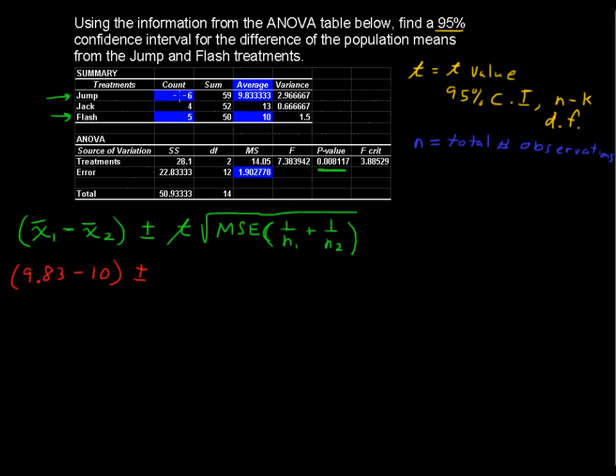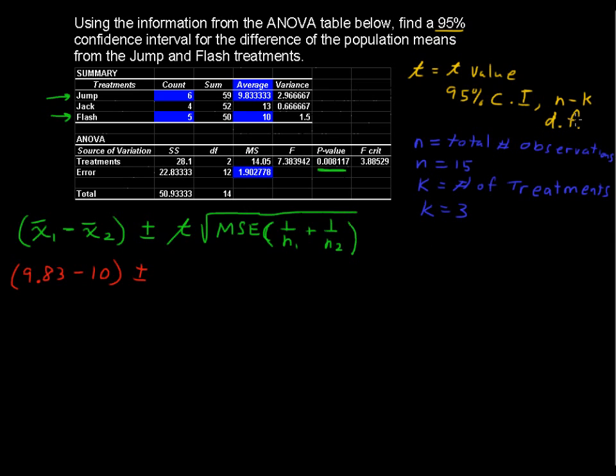I know I have highlighted 6 and 5, but we have to include the 4 because it's the total number of observations. So that is 15. K, then, is the number of treatments, and for this example it is 3. The total number of treatments is 3.